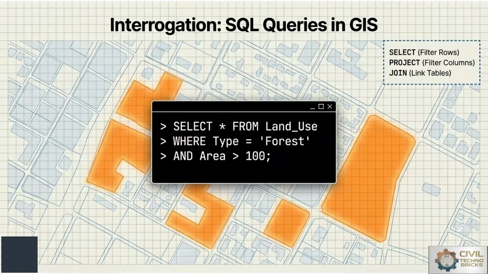SQL queries in GIS. What do you mean by SQL? Structured query language. So structured query language is a method where we can ask queries on the existing data in the structured format or in the regular format.